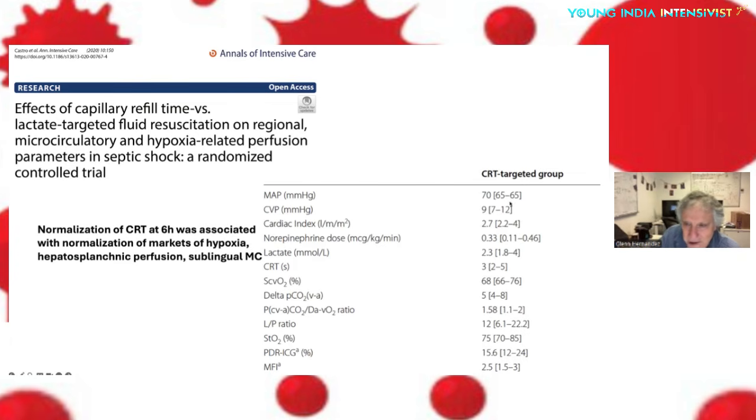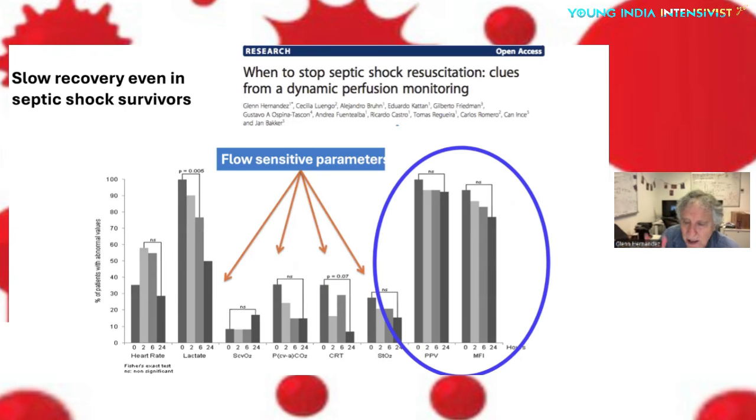So you can be pretty confident that if you have a normal CRT, you have also a normal perfusion of these organs.